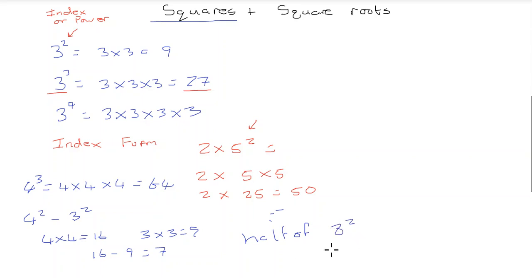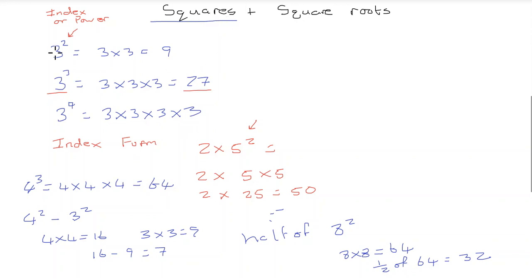What's that equal to? First of all, you have to get 8 to the power of 2. So 8 multiplied by 8 is equal to 64. And then half of 64 is equal to 32. So these are just some examples of questions that you could be asked that have squares in them.